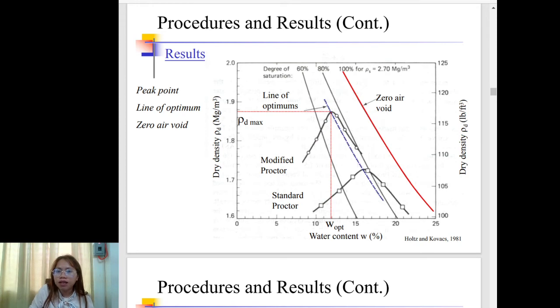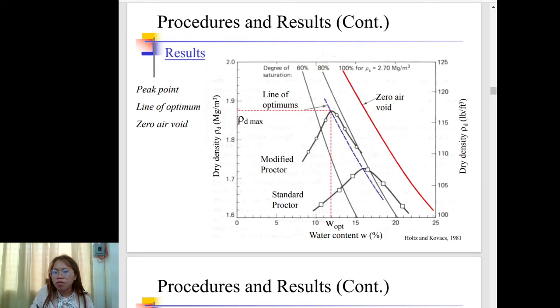We have these terms: the peak point, line of optimum, and zero air void. This is the water content on the x-axis versus the dry density. Then we have these two methods, the standard Proctor and the modified Proctor compaction.